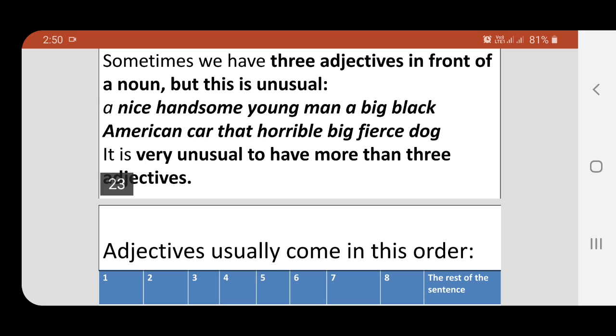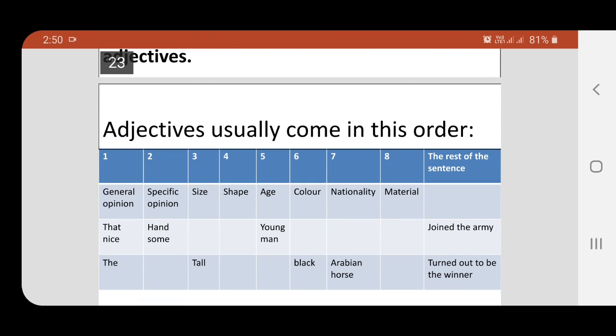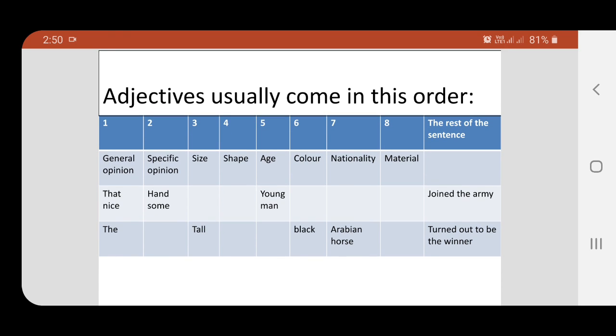And next we have a table. If you refer to the table, you can find the adjectives come in order, points number 1 to 8. First, you put the adjective which gives a general opinion, such as nice.